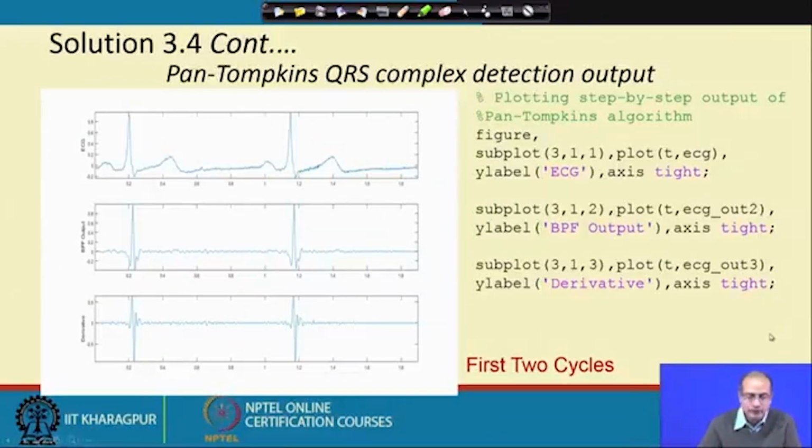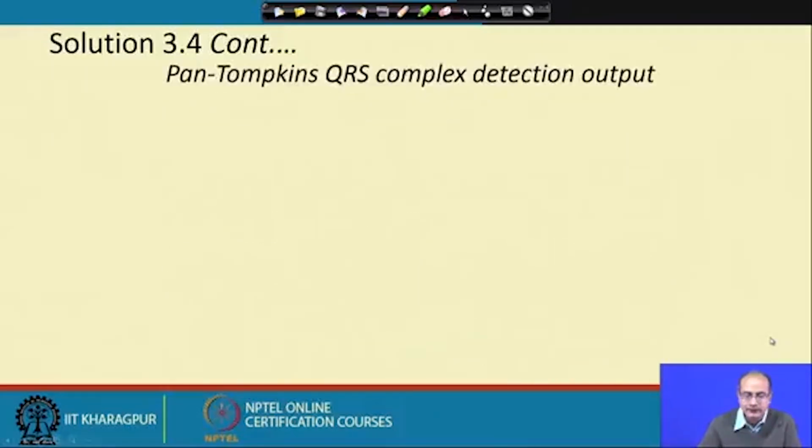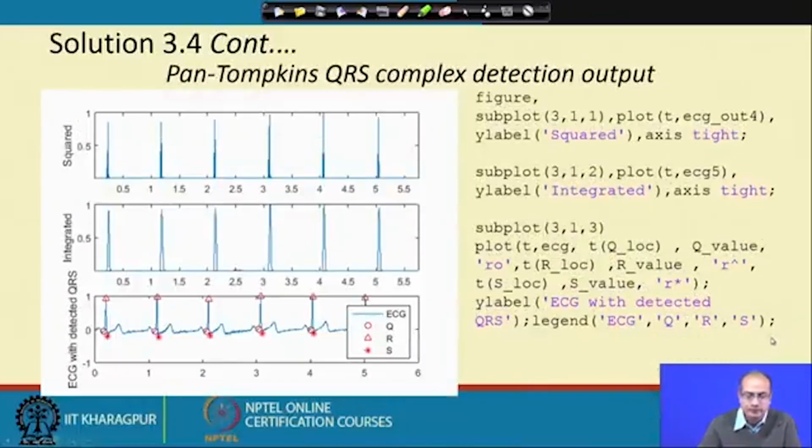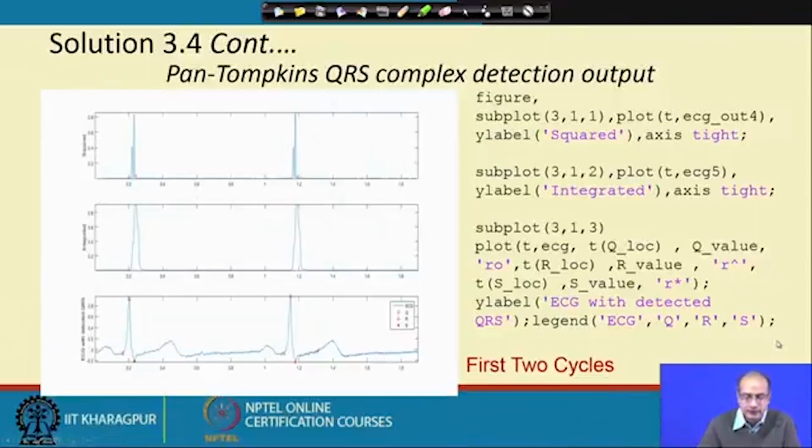We are showing the first 2 cycles to make it better: the ECG, the band pass output, the derivative one, then the squared output of the integrator, and at the end the QRS complex, with the Q, R and S, all 3 points, marked on the ECG. So the first 2 cycles make it more prominent.